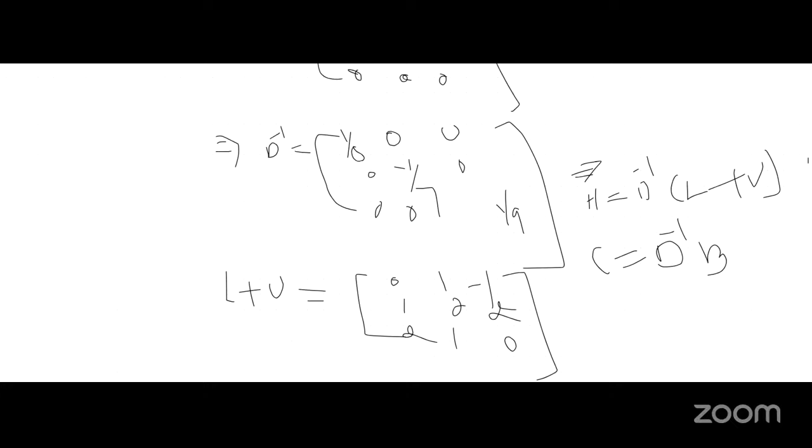That we need to find C and H. x power of k plus 1 equal to H into x power of k plus C, and k equal to 0, 1, 2, 3, and so on.